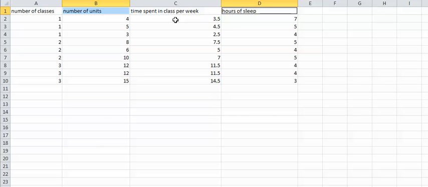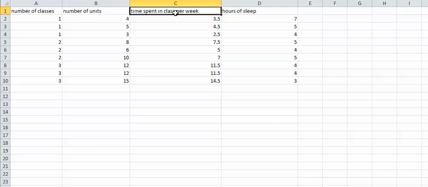Also, time in class per week and hours of sleep are negatively correlated, because as this goes up, this goes down. When we go down to higher numbers down here, we're looking at people who are taking more classes and have more homework. So these people down here who have more homework will probably be getting less sleep.